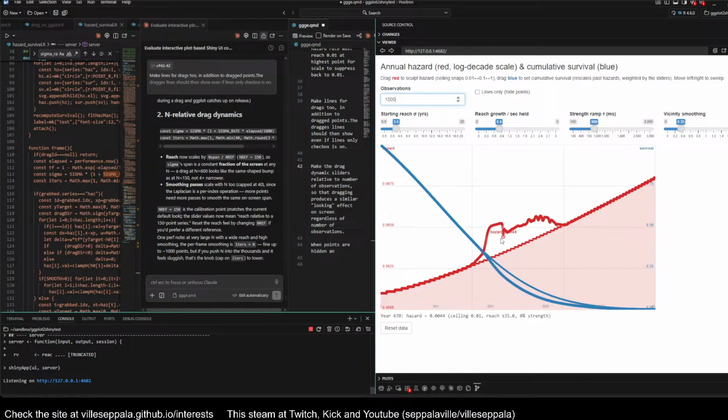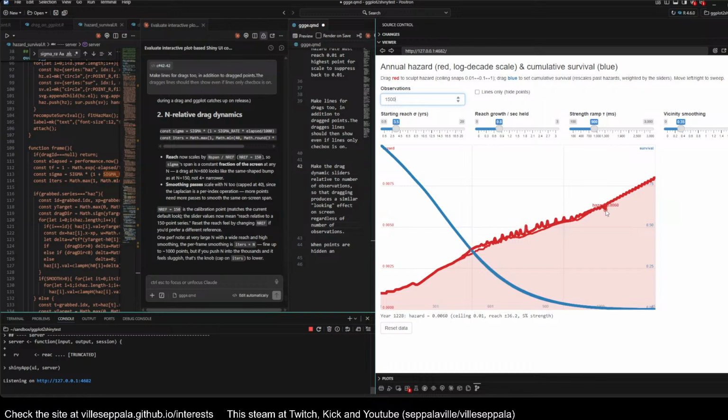And I think all of these issues that I have with this level have to do with not having enough precision, or the smoothing dynamics not being optimal.